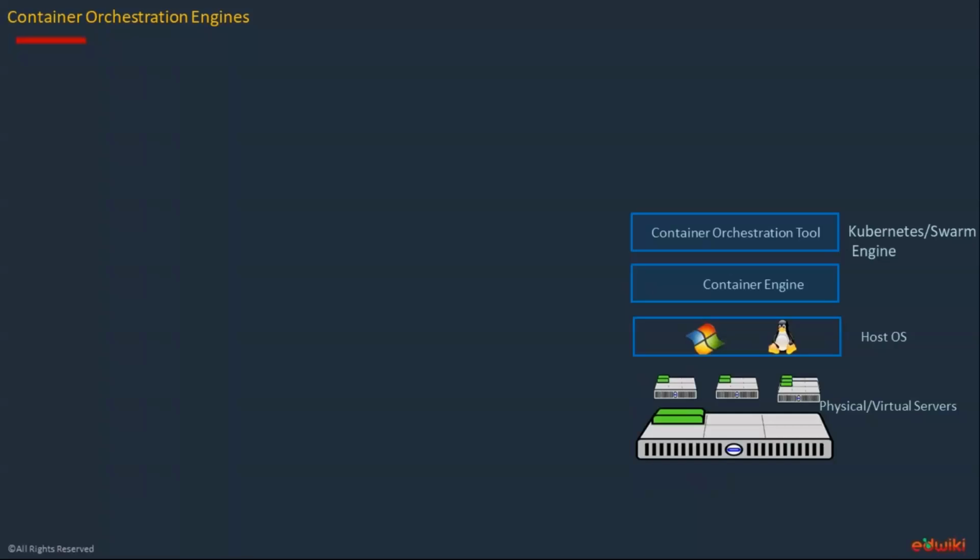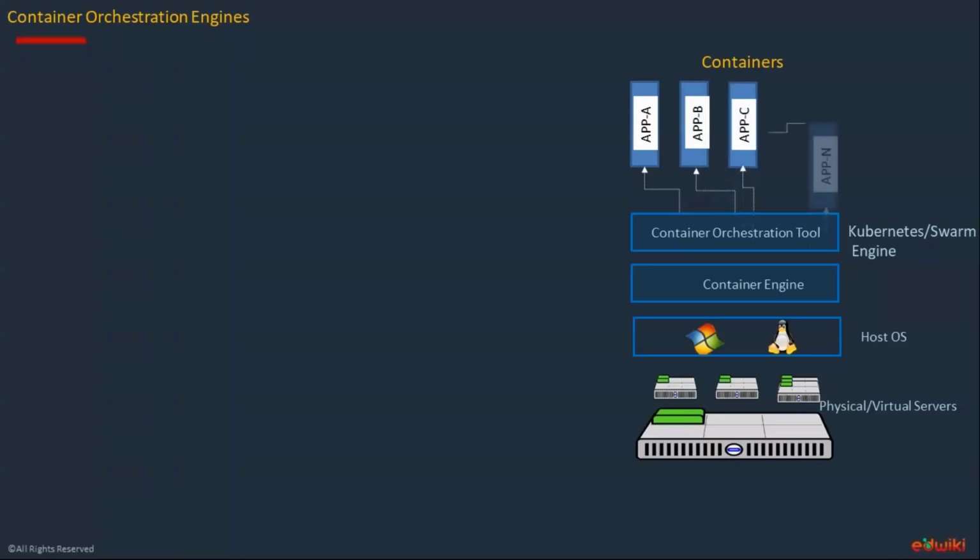Now, if you see the container orchestration tools here, that is where we need to use Kubernetes or Docker Swarm. That means what are the different softwares that are available in the market which will be working as an orchestration tool, right? So one is Docker Swarm.